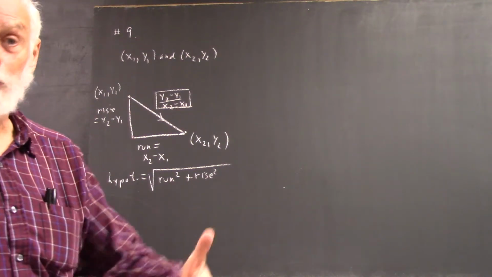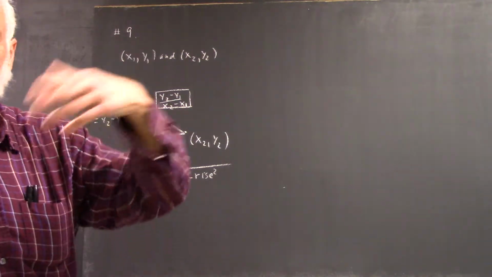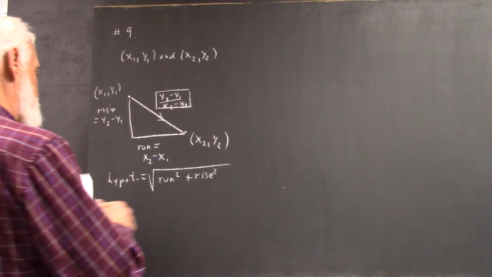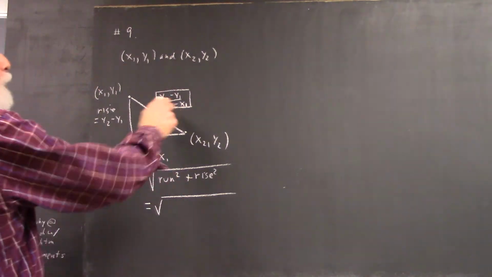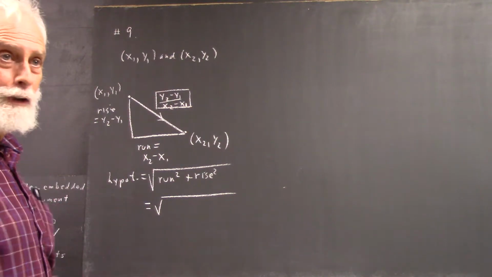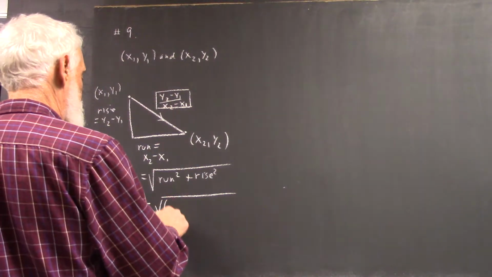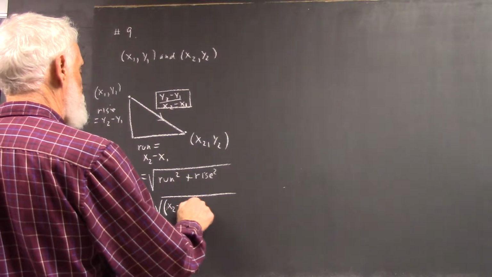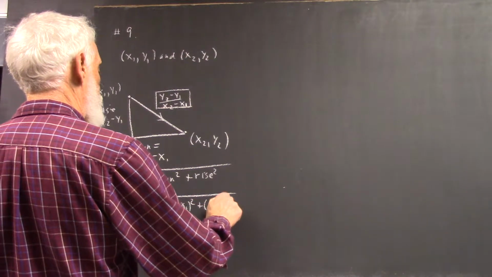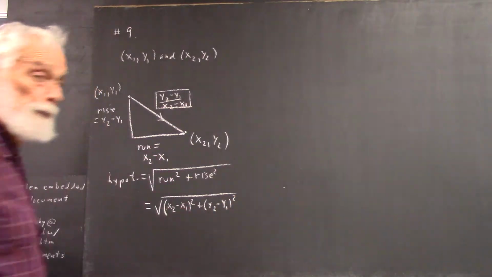Okay? So y'all are doing that as a group, and some of you might not be, but it's not that you couldn't do the slope, you're just forgetting to do it because you're hung up on doing the hypotenuse. Okay, well, that's going to be then x2 minus x1 squared plus y2 minus y1 squared, right?